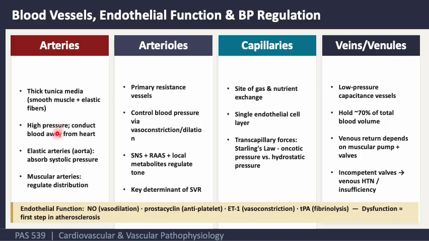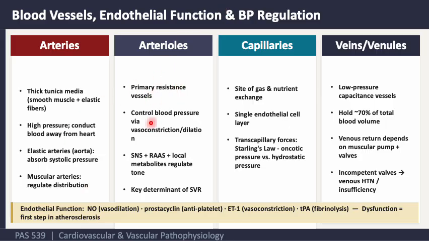It can tolerate higher pressures, and it is a conduit to transport blood away from the heart. There are some elastic arteries like the aorta that are able to absorb more of the systolic pressure. And then you have muscular arteries that help to regulate the distribution of the blood.